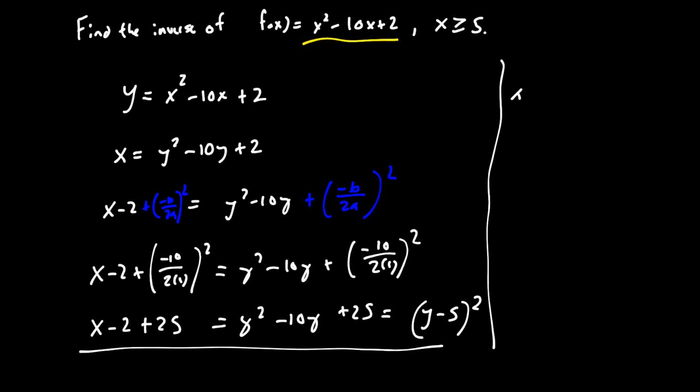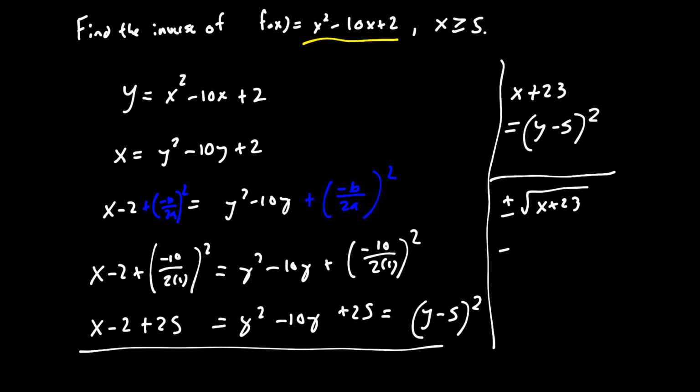We get that x plus 23 is equal to y minus 5 raised to the second. So take the square root of both sides and we'll get plus or minus the square root of x plus 23 is equal to y minus 5. And what we end up with is y is equal to 5 plus or minus the square root of x plus 23.